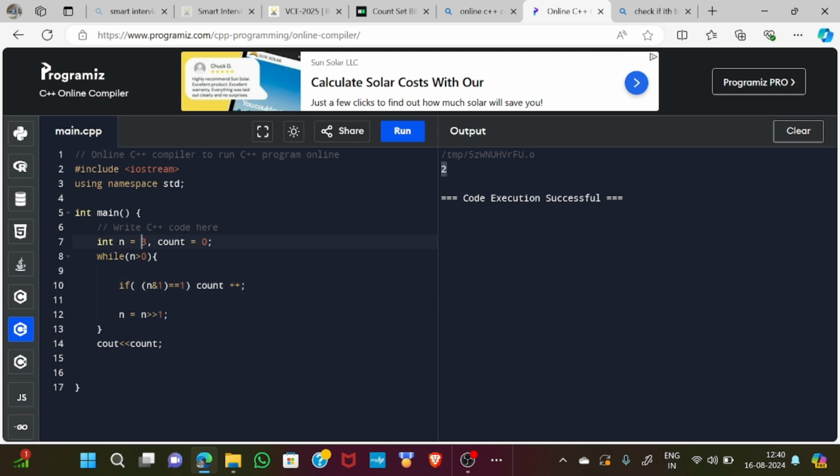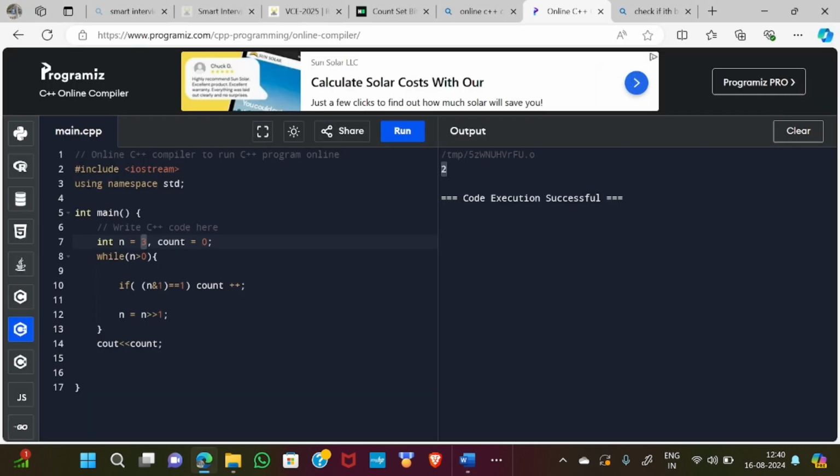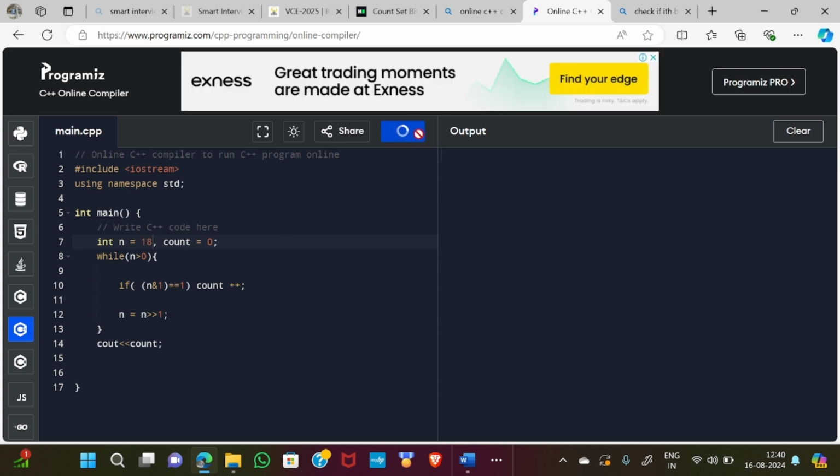Here the number is 3. When n equals 3, it's represented as 1 and 1, so it has two ones. So we are getting the correct answer. Now let's check for n equals 18. This should also give us 2. Let's run this. Okay, there is no difference.